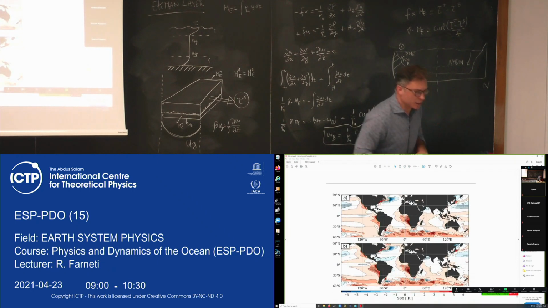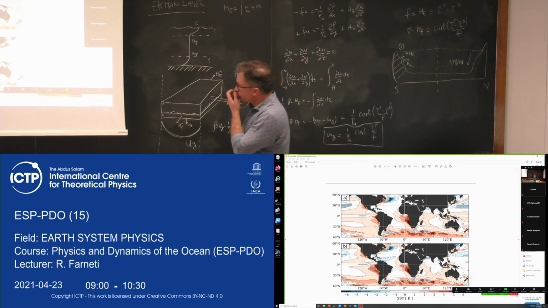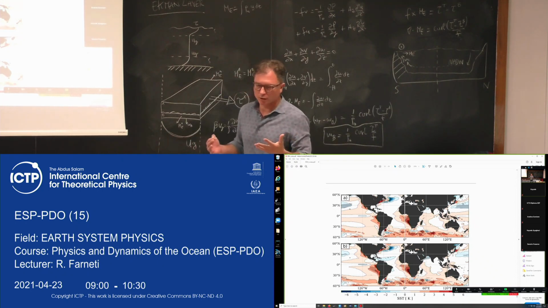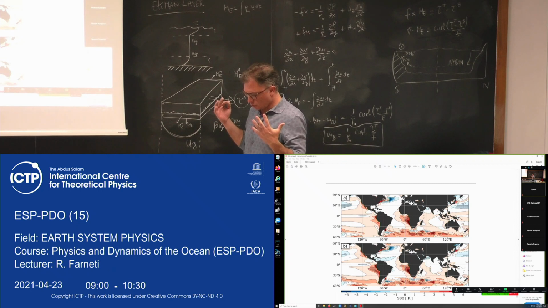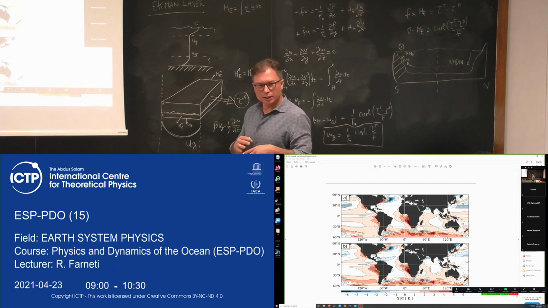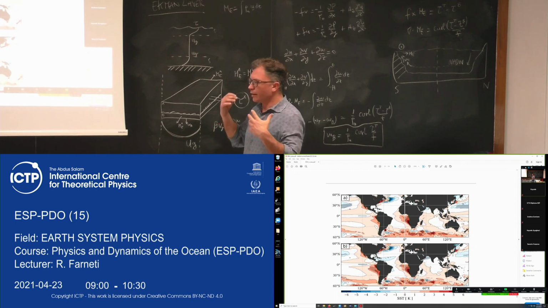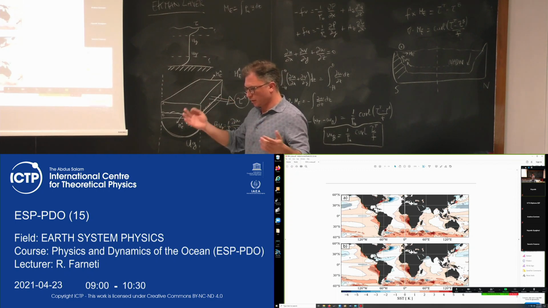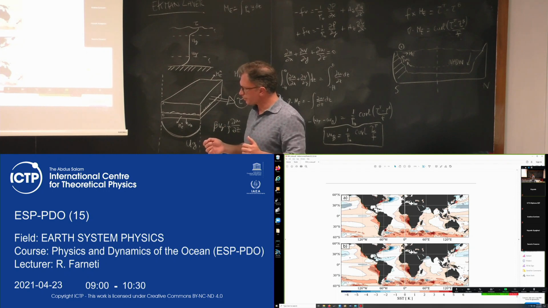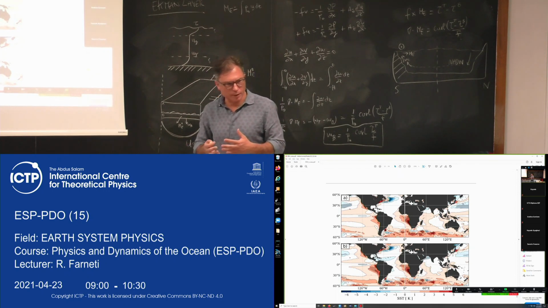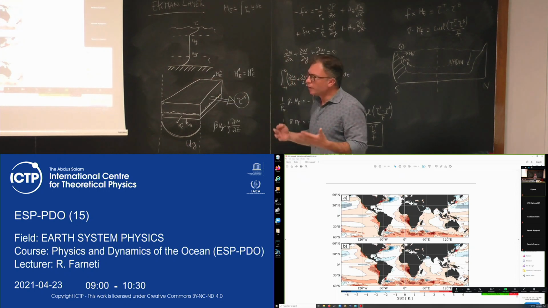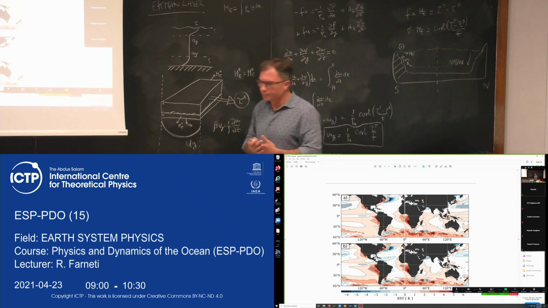Okay? These are two maps of sea surface temperature biases. And so what I did here is take the many climate models run for the last century. And then you average all those climate models, you do a multi-model mean, and you take the difference with the observations.